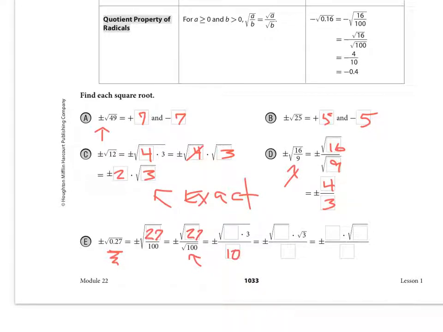For 27, however, you can't take the square root, it's an irrational number, so you look for a square that is a factor of 27, and that would be 9. 9 times 3. You split that up. Square root of 9 is 3. So then you have plus or minus 3 square root of 3, all over 10. And again, that's referred to as exact form.